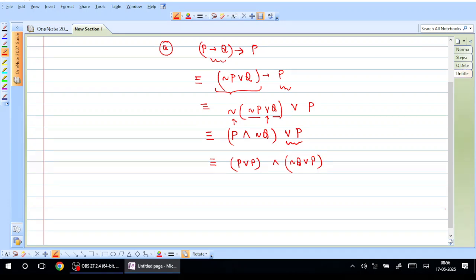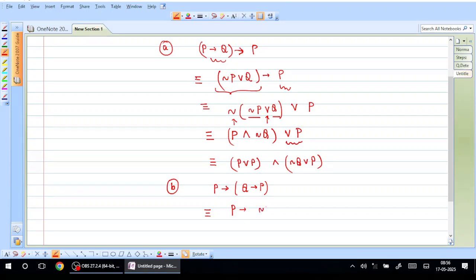I can again solve the next question. The next question is P implies Q implies P. Again I go with similar steps.